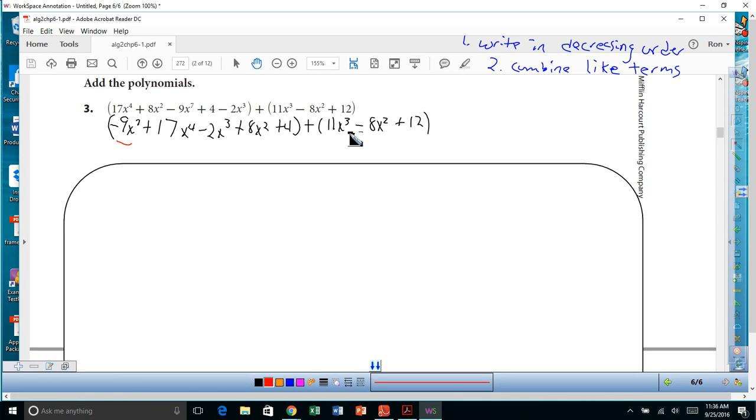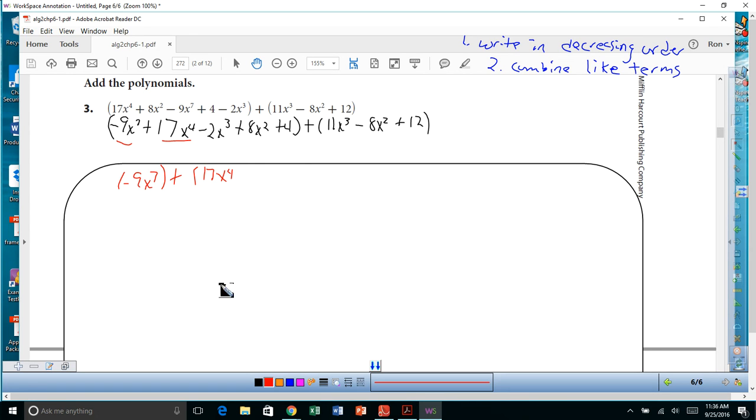Do we have any other 9x to the 7th? Nope. So we got that. Plus, and then what's the next? 17x to the 4th. Do we have an x to the 4th over here? Nope. So we got 17x to the 4th.